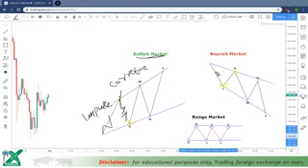In a similar scenario, if we get a move to the downside, which is a steep and big move, it's considered an impulse. And another move, which is a retracement, is called a corrective structure.